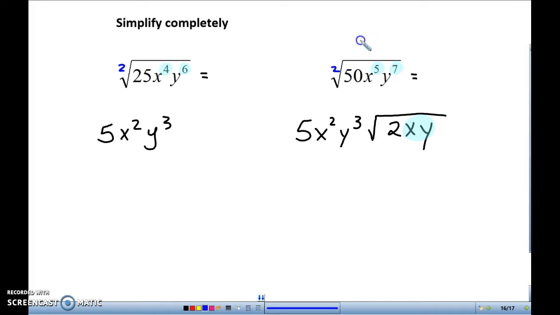My x to the 5th, I'm going to call that x to the 4th times x, and then y to the 6th times y. X to the 4th times x is x to the 5th. Y to the 6th times y is y to the 7th.